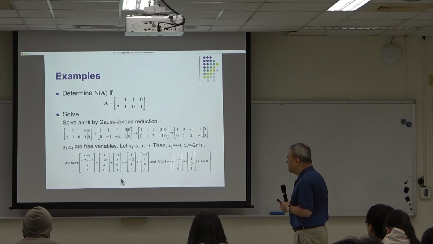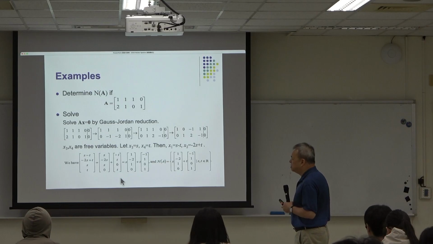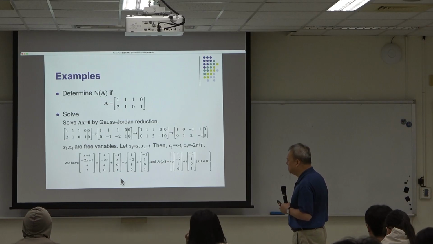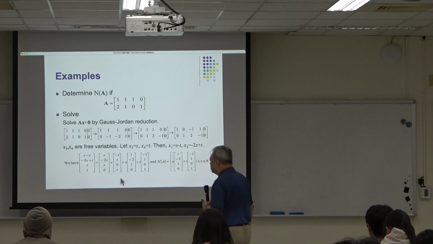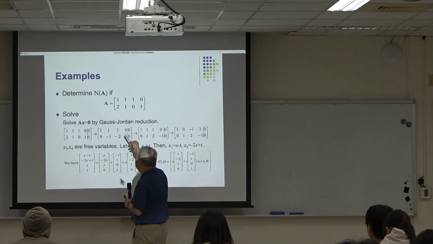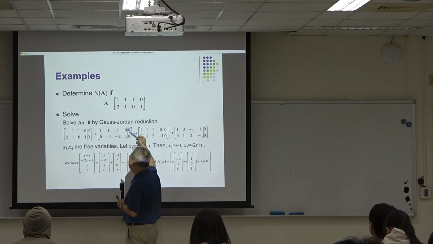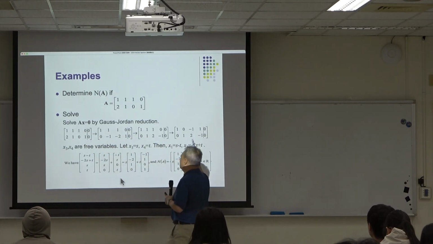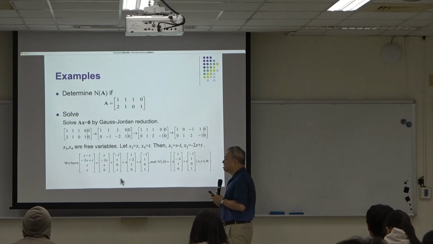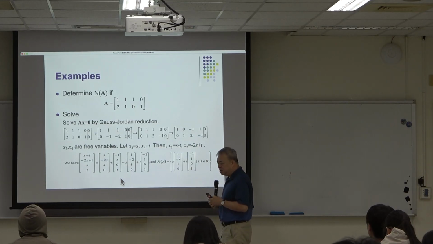If you want to solve Ax equal to 0, you just use the Gauss-Jordan elimination, which is a relatively easy process. We talked about this in chapter 1.